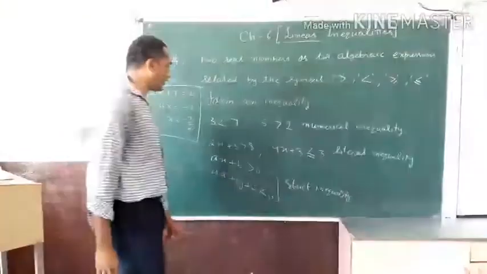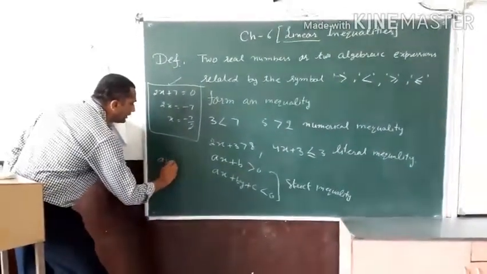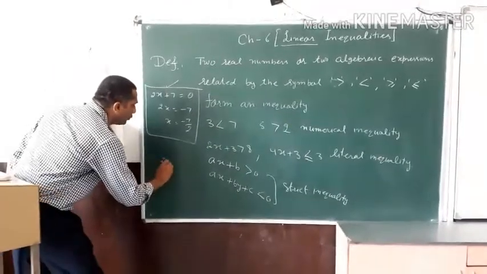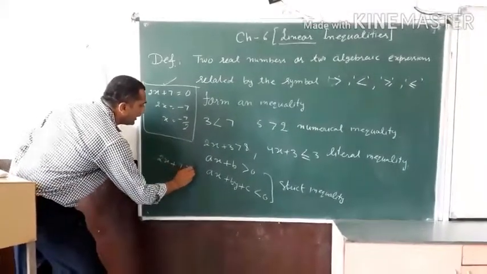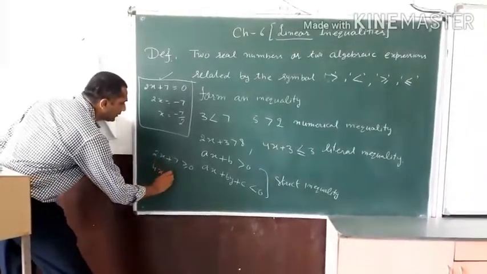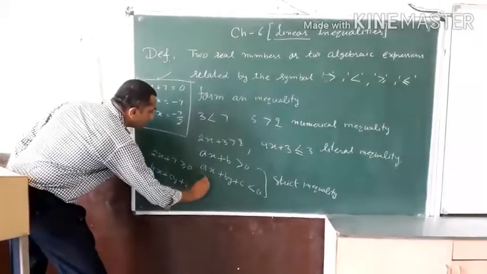And for the other type you can take some other examples: 2x plus 7 greater than or equal to 0, 4x plus 5y plus 3 less than or equal to 0.